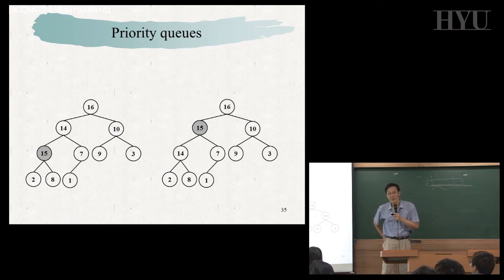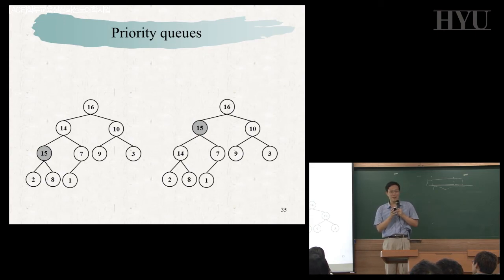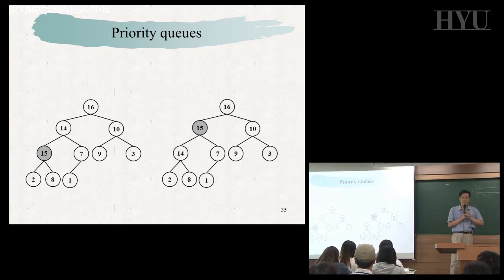Big O of n. Okay, if you do this repeatedly, you can find a tighter bound, but 홍동균, log n, big O of log n, because the height of the tree is big O of log n, so it is big O of log n.